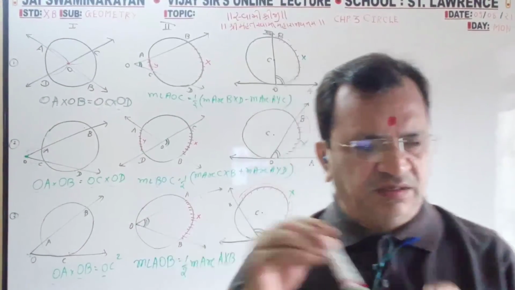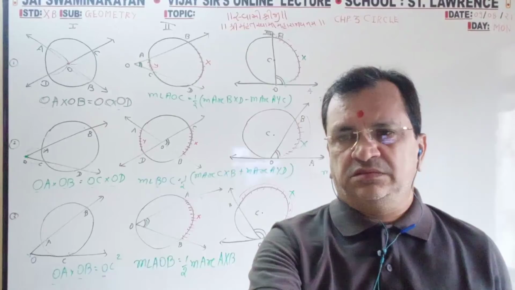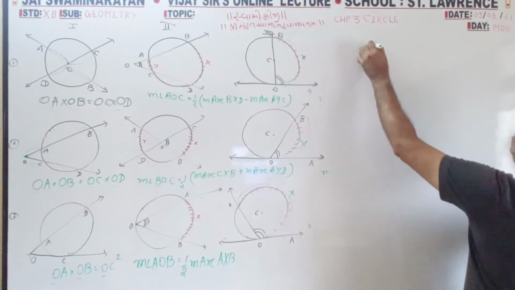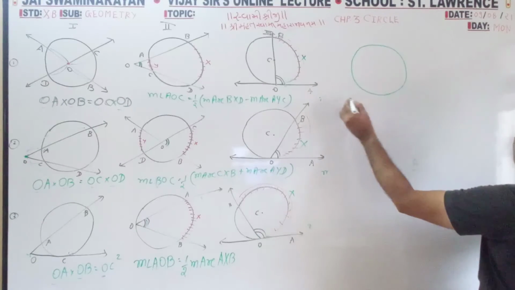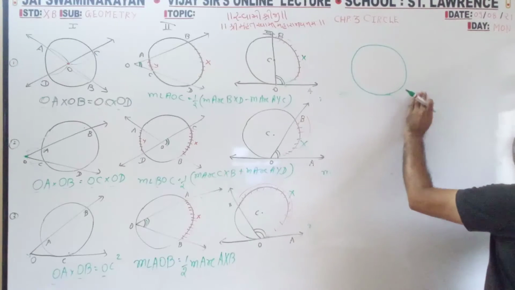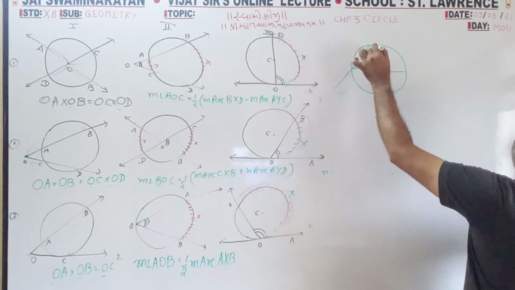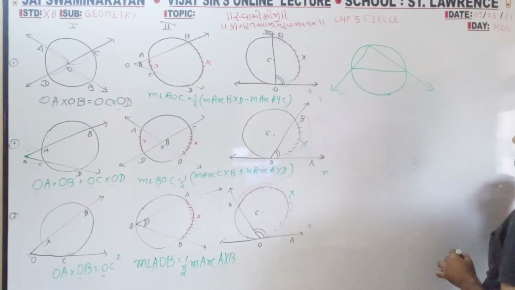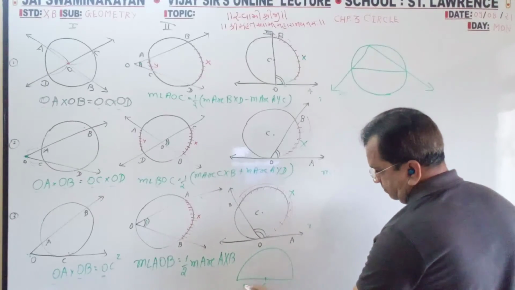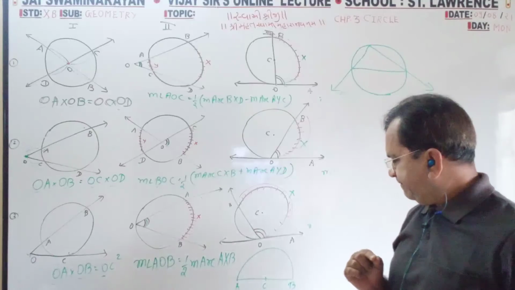Now a very small theorem we will complete. AB is the diameter, C is the center.